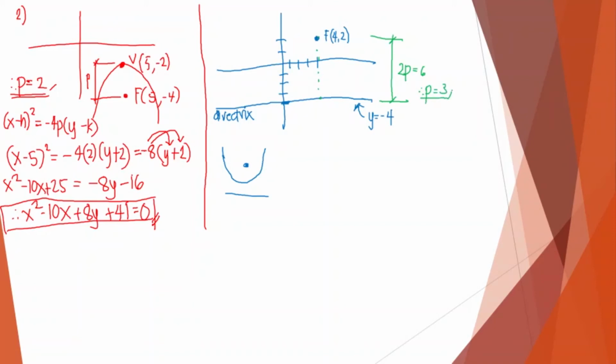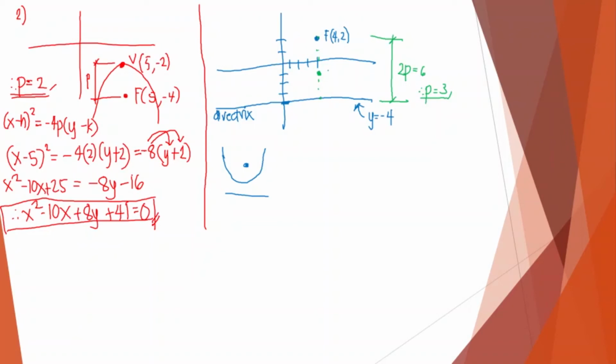So if p is 3, then we can also determine the vertex. From the focus, we have p distance to the vertex, so 1, 2, and 3.